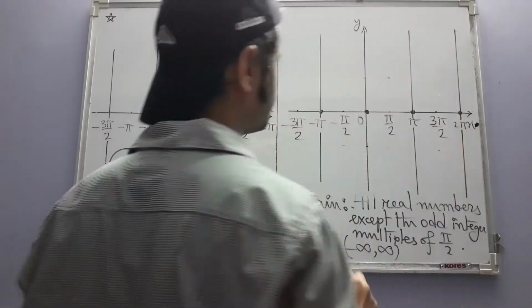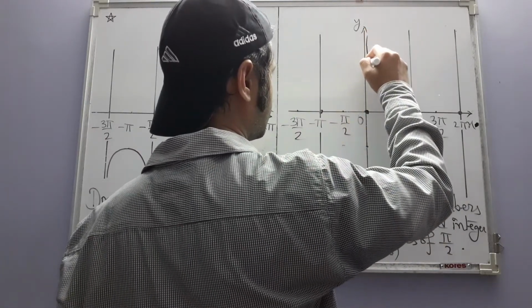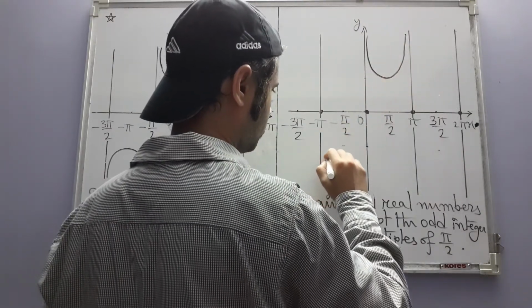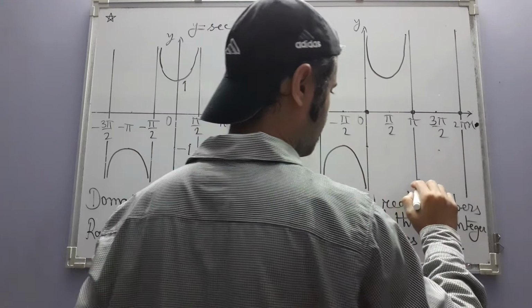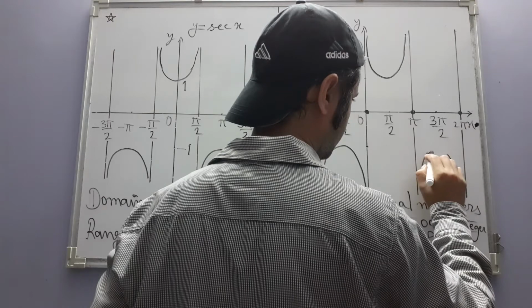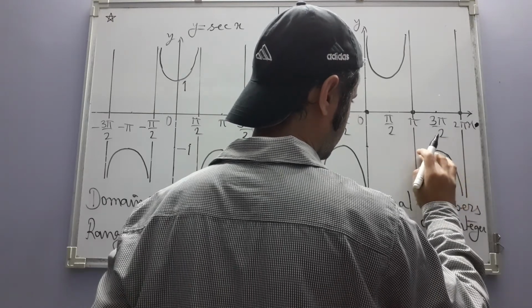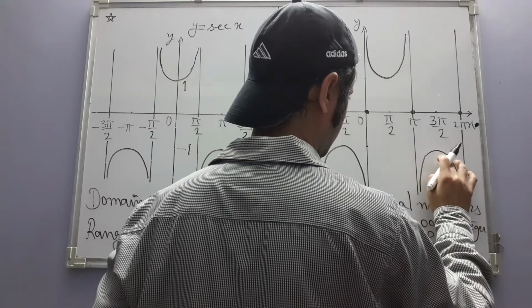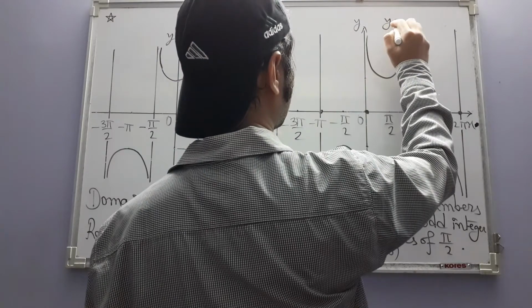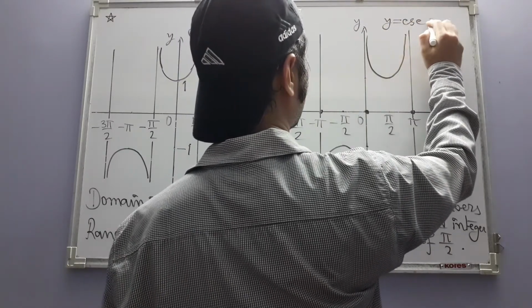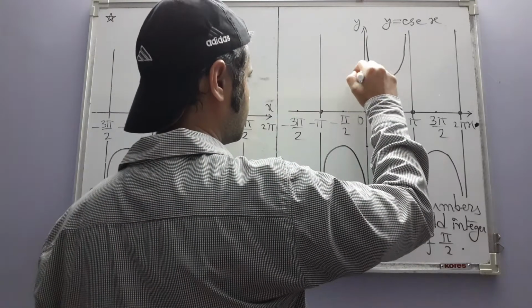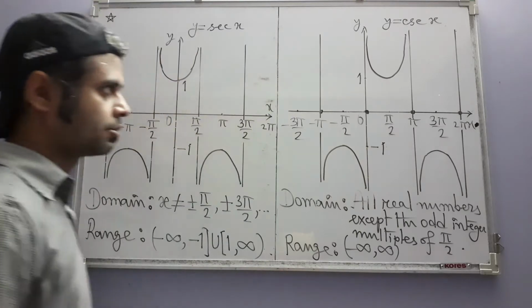So that means y is equal to cosecant x. This is 1, this is minus 1.